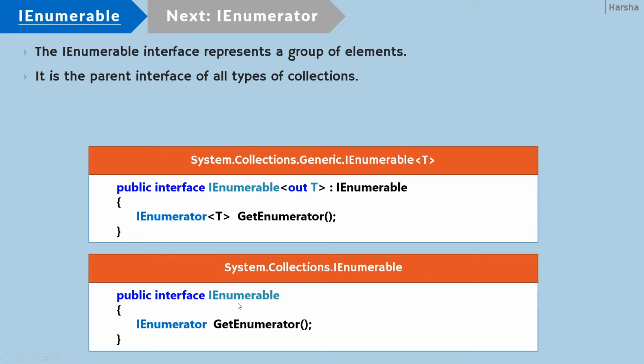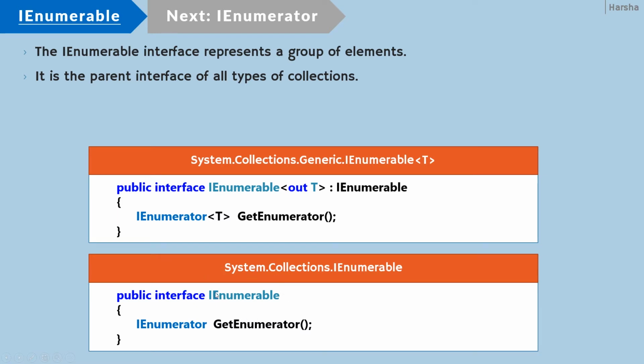But the problem is that the default IEnumerable interface is not a generic interface, so it is not possible to specify the data type. That means it doesn't have any generic type here, that is, less than T greater than. So in order to provide the ability to have generic collection classes, there is an alternative, IEnumerable of T, which is the generic version of IEnumerable and the child of the IEnumerable interface.